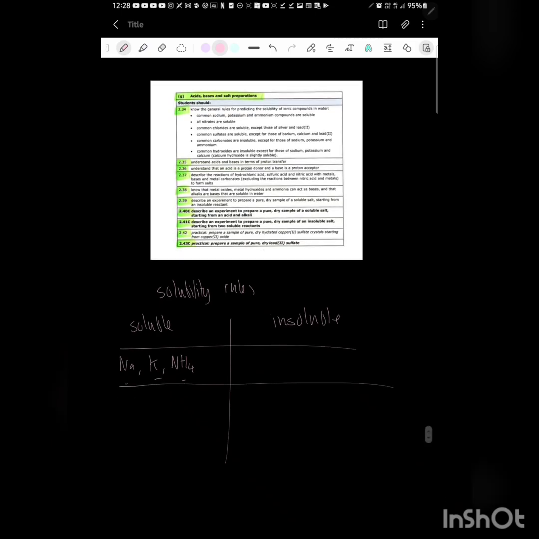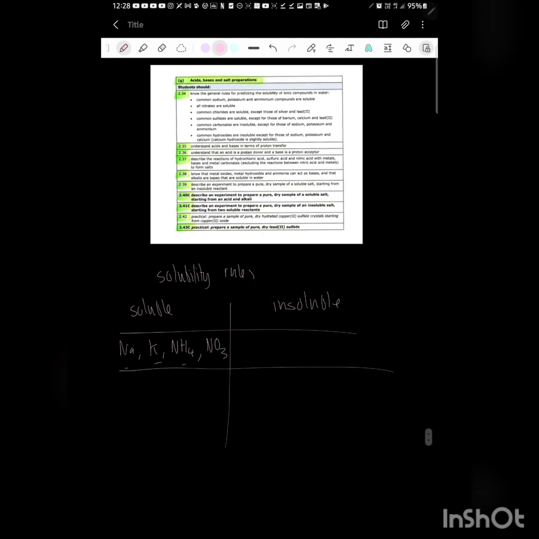Or it can be potassium iodide, anything, as long as it starts with one of these, it's always soluble, right? And all nitrates are soluble as well. So NO3. So anything that ends with NO3. So for instance, you could have, I don't know, sodium nitrate, and that is soluble. No matter what, it's always soluble.